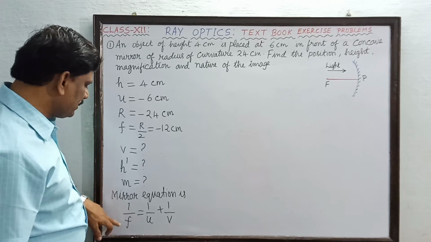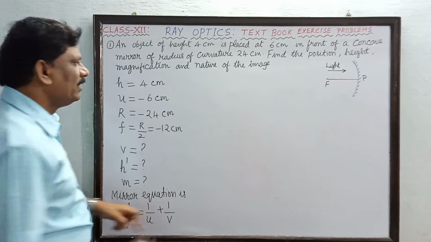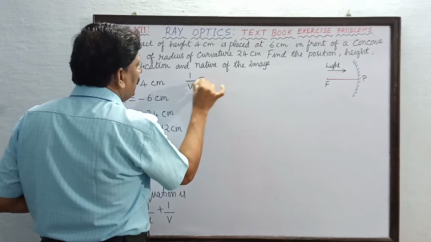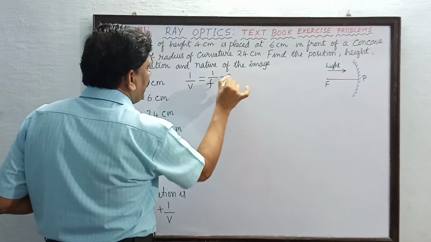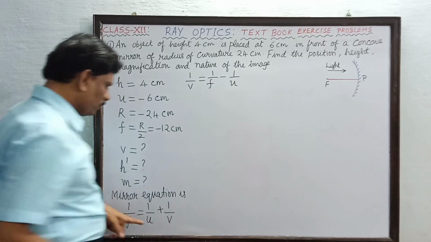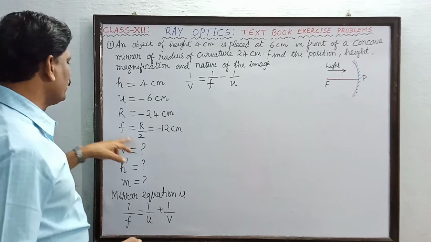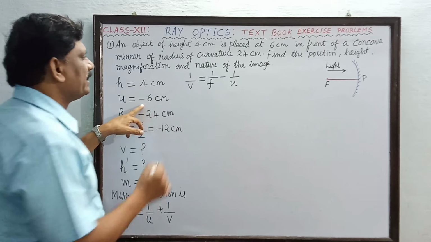Okay, so students, f is given and u is given. We can find v. So I will rewrite the equation. 1 by v is now equal to 1 by f minus 1 by u. So I will substitute f equal to minus 12 and u equal to minus 6.